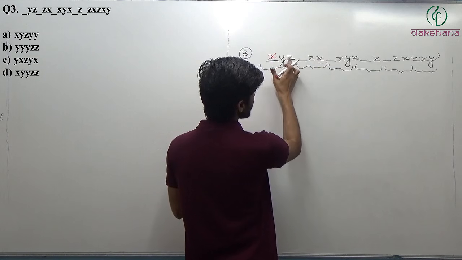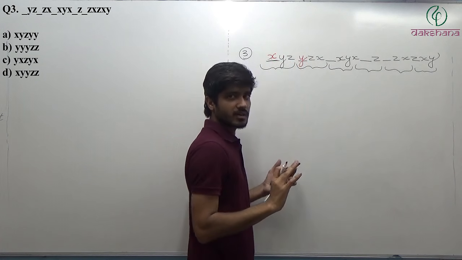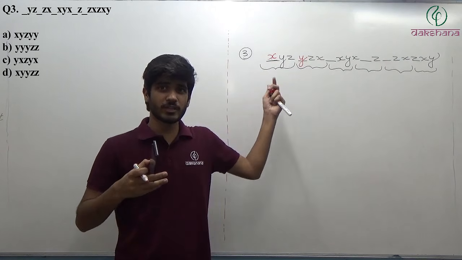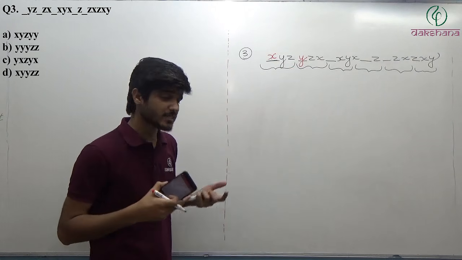Now zx is already given, so let's put y. Again, not necessarily this would be the pattern for all the questions of the letter series. It can be something else also.